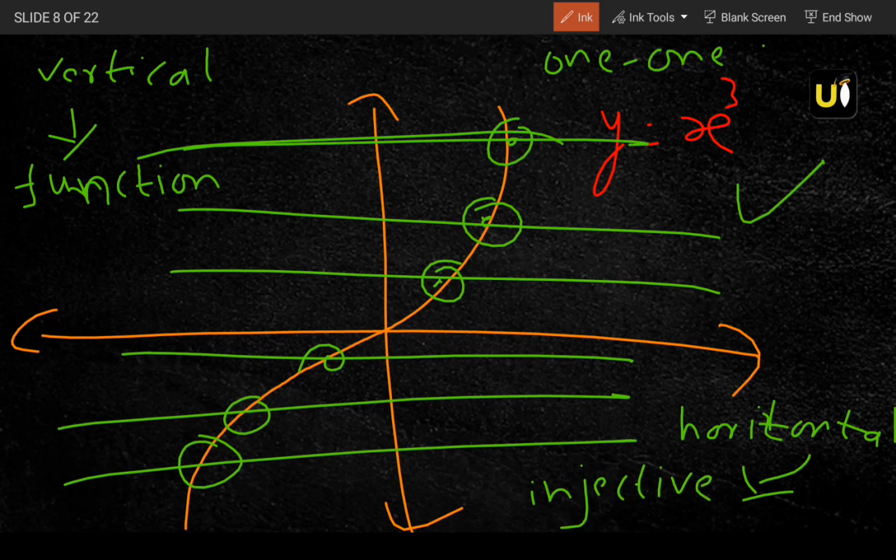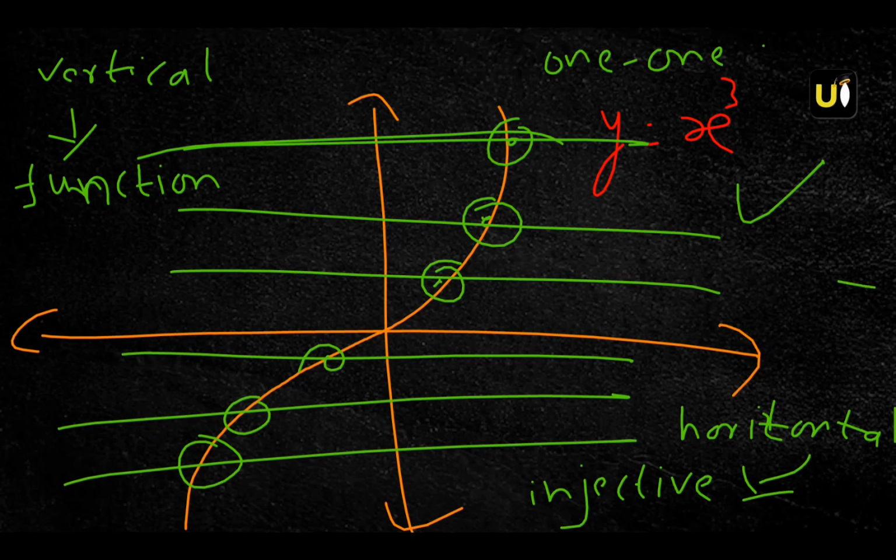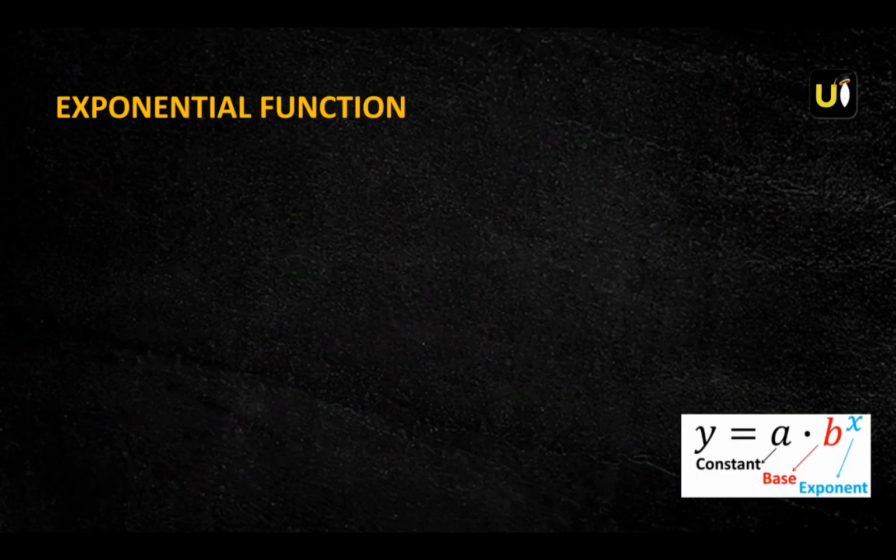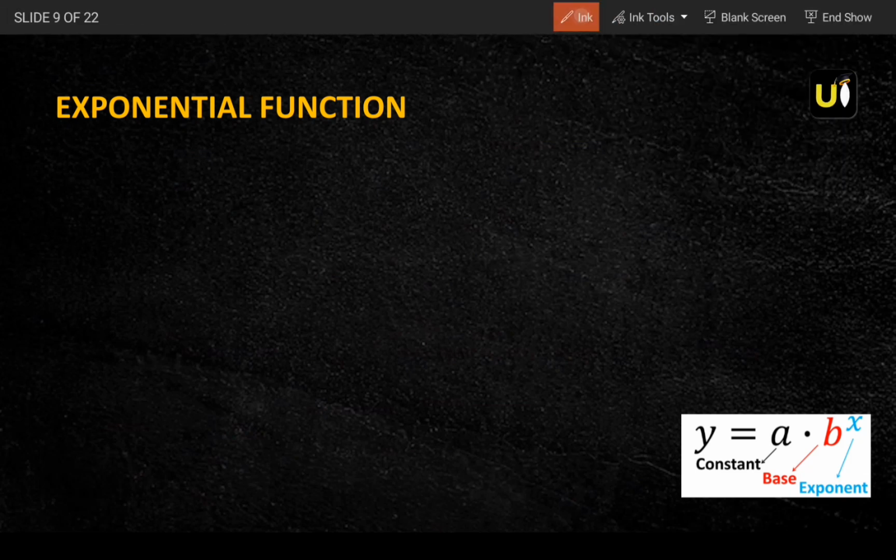Okay, now what is an exponential function? So basically, an exponential function is a mathematical function which we represent in the form of a into b power x. Don't get confused.